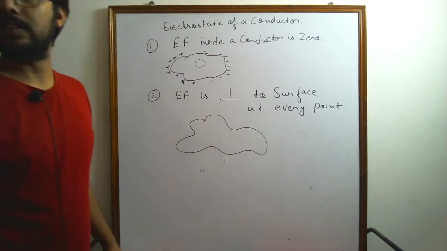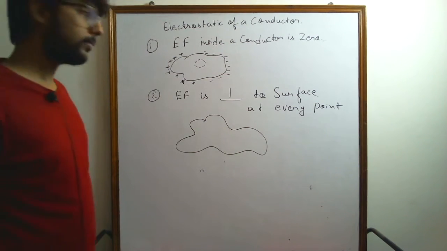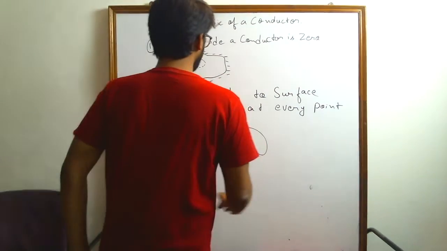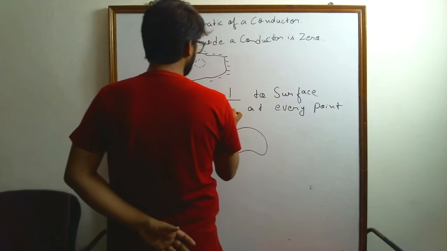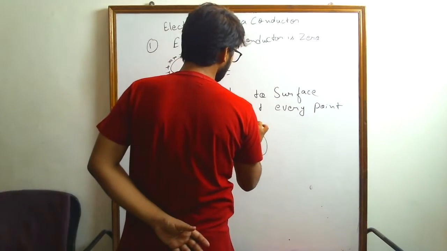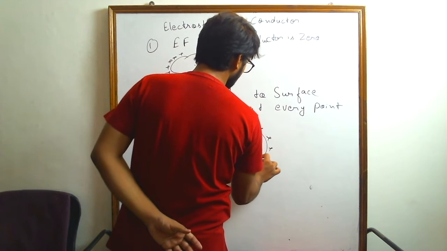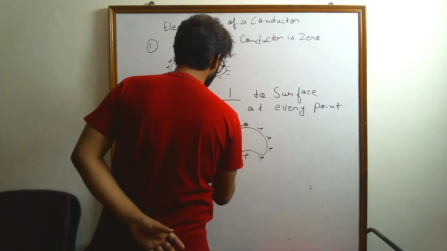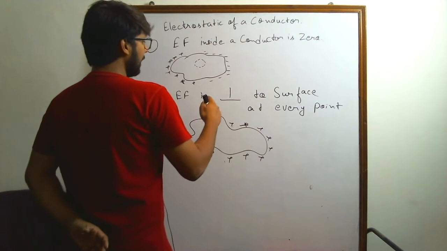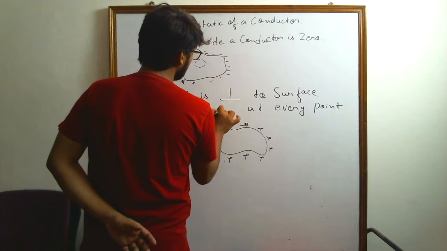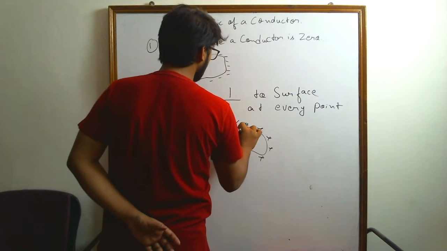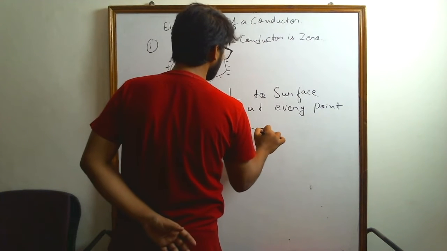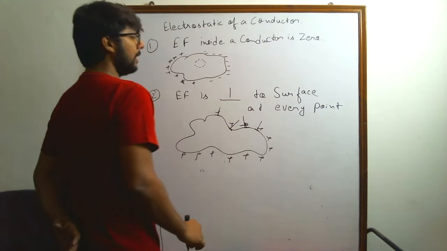When I take any shape conductor, what I am saying is the electrostatic field, when the charge has distributed itself, at every point, the electric field needs to be perpendicular to the surface.